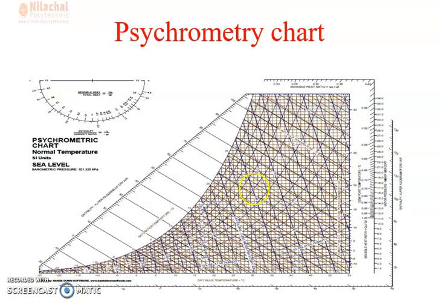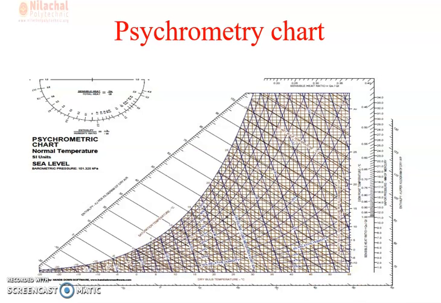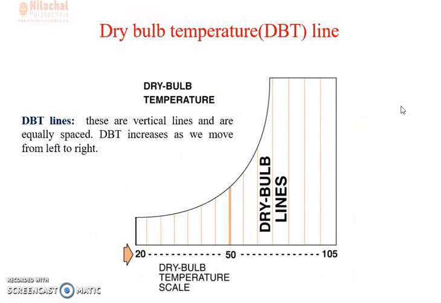In this chart, we can calculate the wet bulb temperature, relative humidity, specific volume, specific humidity, enthalpy, all the thermodynamic properties. Here I'll go one by one. Let's start one by one.